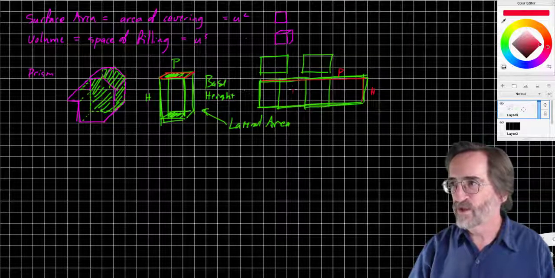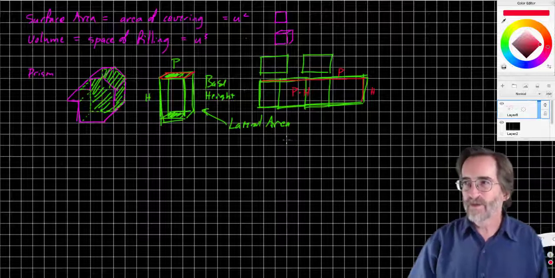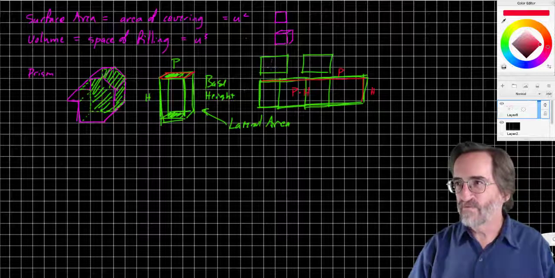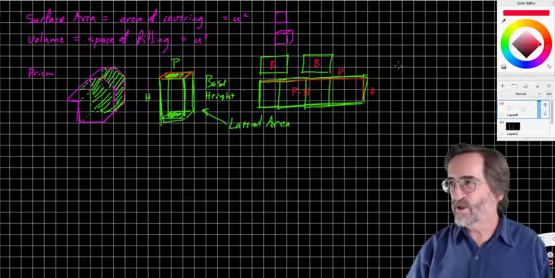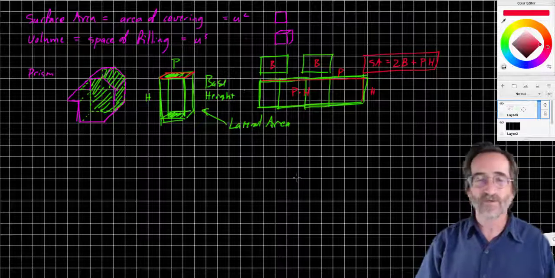So the area of that rectangle is perimeter times height. And the area of the base we're just going to call B. So the formula for the total area is 2 times the base plus the perimeter times the height. And that's the formula for the surface area of any prism whatsoever.